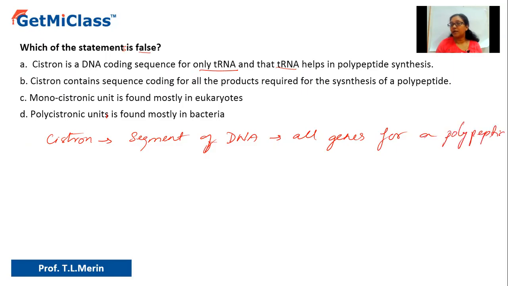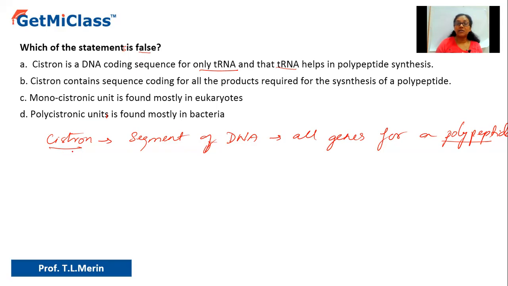Whatever genes, whatever enzymes, whatever proteins are necessary for the synthesis of this particular polypeptide chain, all will be coded by this cistron. So it is not one gene, it is a set of genes, a continuous sequence involved in the expression of a particular protein.